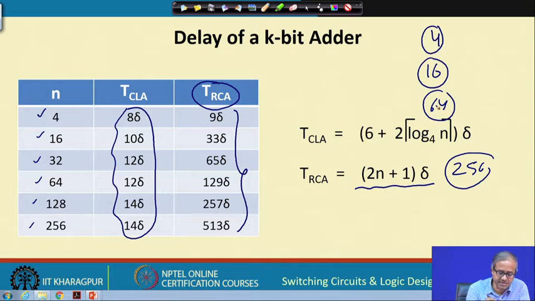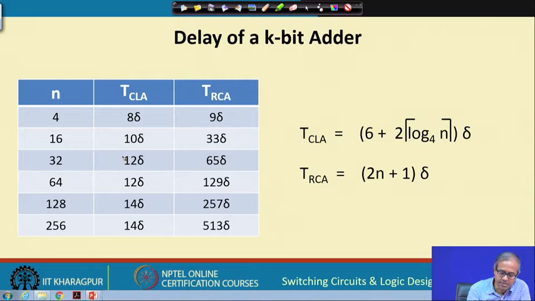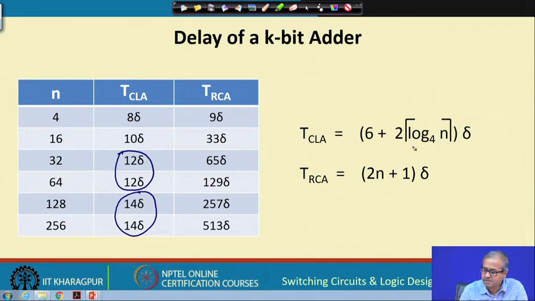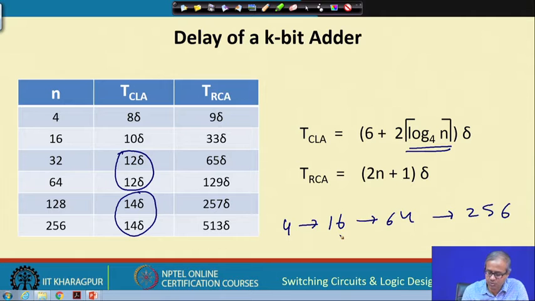Between 16 and 64 they do not change. So, above 16 if you go it will become 12 up to 64, and above 64 if you go it will be 14 up to 256. So, it will increase by 2 each. For every power of 4, like you go from 4 to 16 to 64 to 256, your delay increases by 2 each.